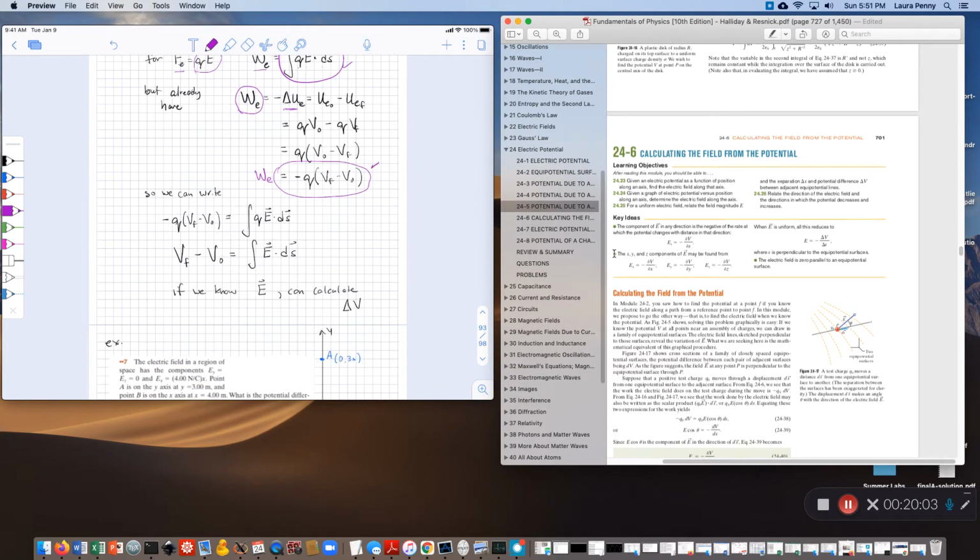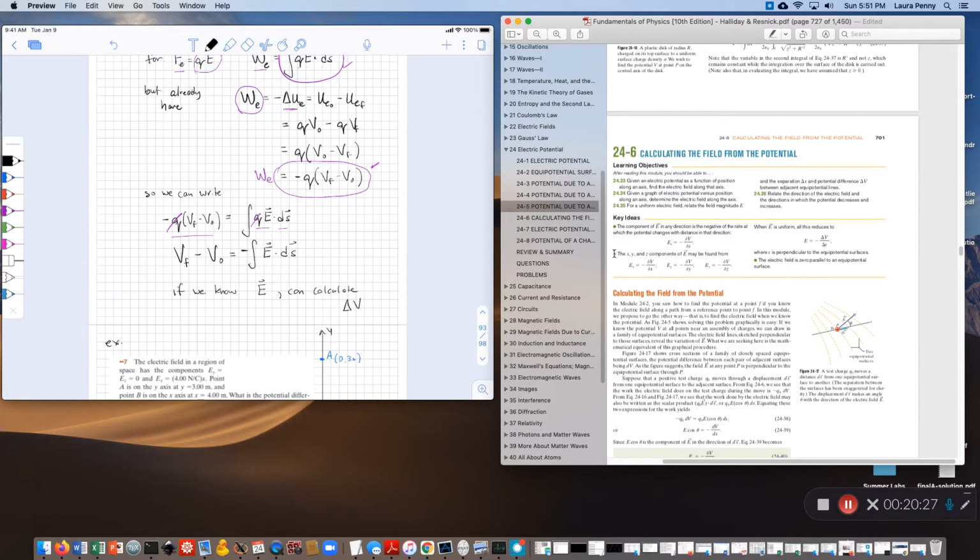So I have negative Q times V final minus V initial equals the integral of Q E ds. I have a Q on both sides. The Q is constant. Sorry, this should be a negative here. So, bring the negative to the other side.